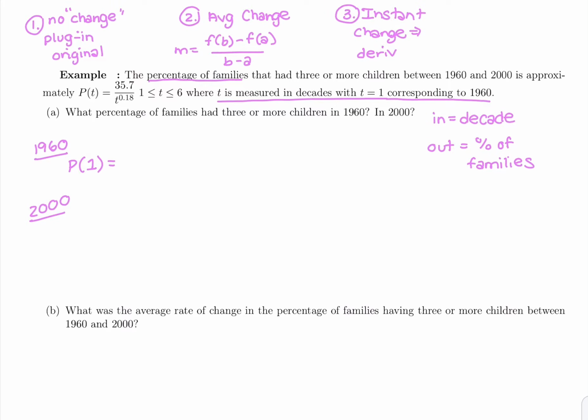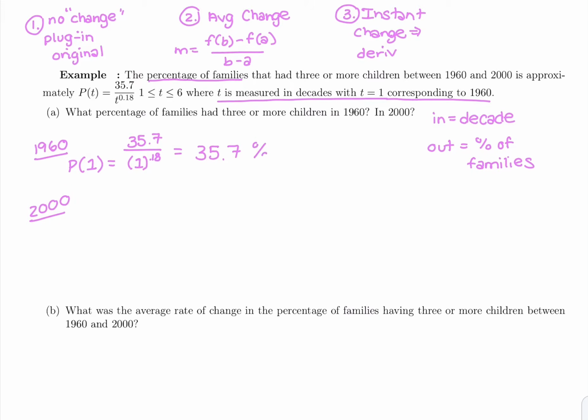And it's nice because they tell us T equals 1 corresponds to 1960. So we're going to plug in P of 1, which will be 35.7, and we're going to replace T with a 1 in parentheses to the 0.18. This is nice because 1 to any power is always 1, so 35.7 divided by 1 is just going to say 35.7. It's not a rate of change, so it doesn't need 2 units.